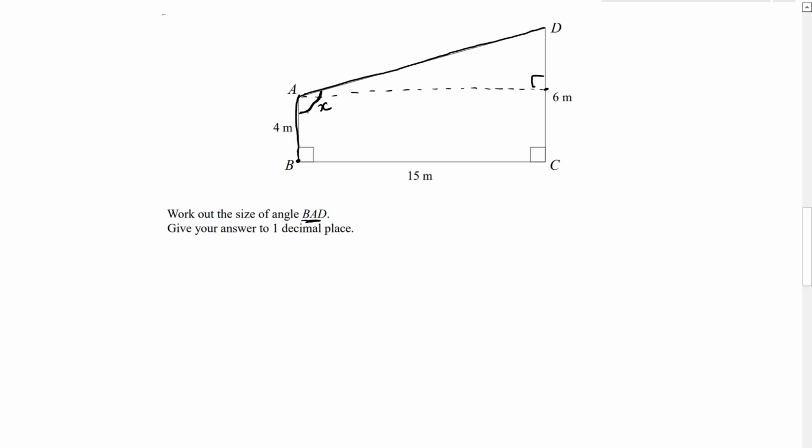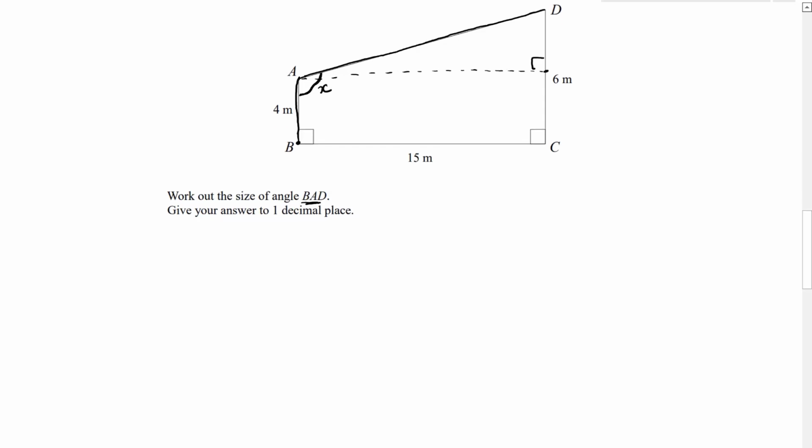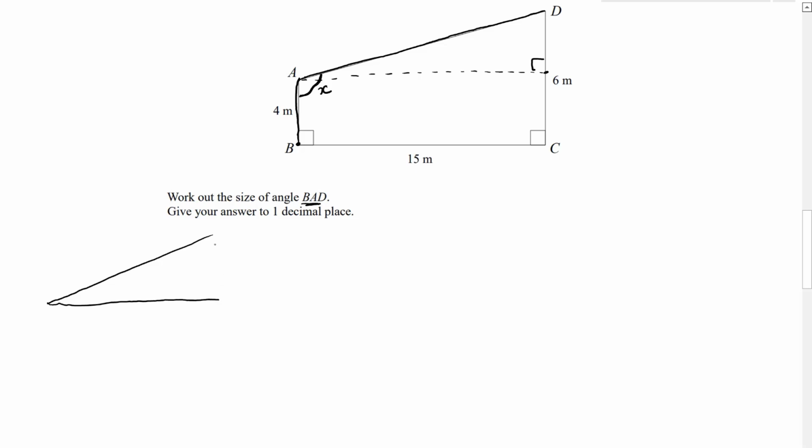Now this angle is being split over a rectangle and over a right angle triangle. So if we were to separate this, let's say that I can separate this angle, and I'm going to just draw the right angle triangle as roughly as I possibly can.